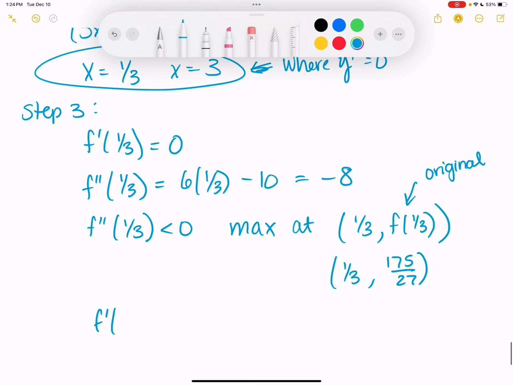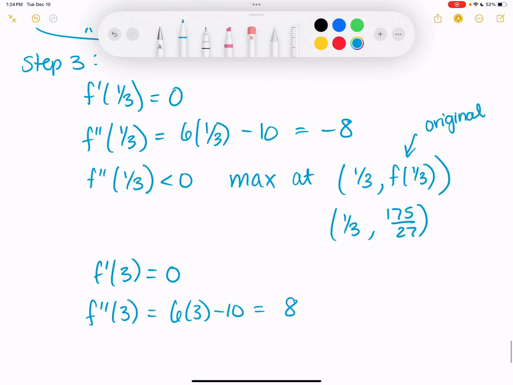F prime of 3 is 0. F double prime of 3 is 6 times 3 minus 10, which is 8. So f double prime of 3 is greater than 0.